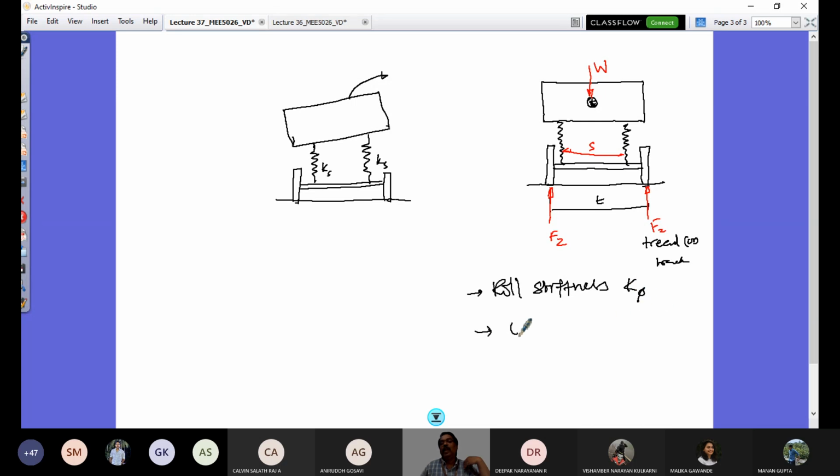Because phi is the roll with respect to the longitudinal axis or x-axis. You know that. So K phi refers to the roll stiffness of my vehicle, right?